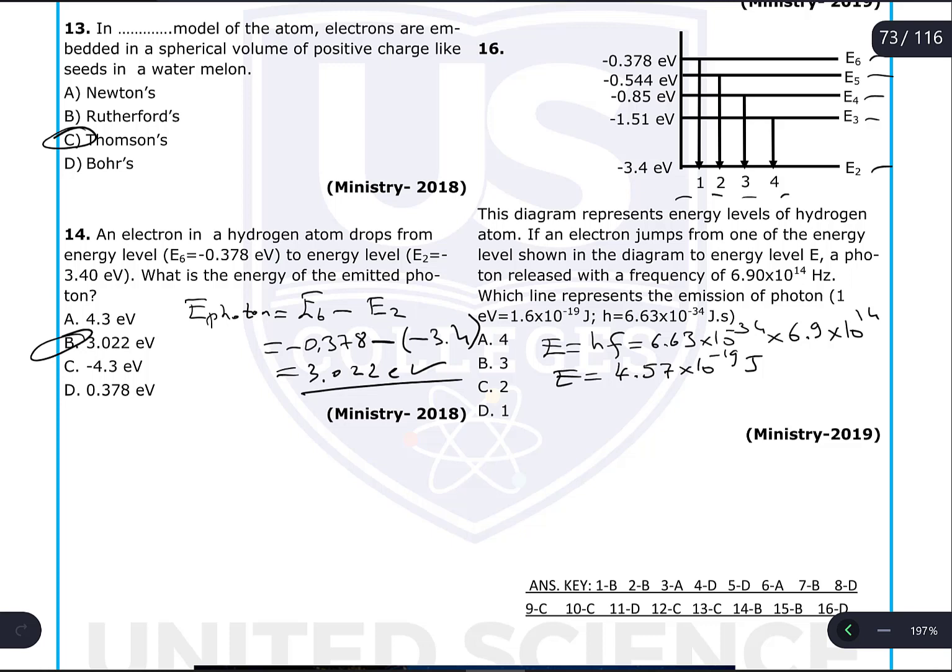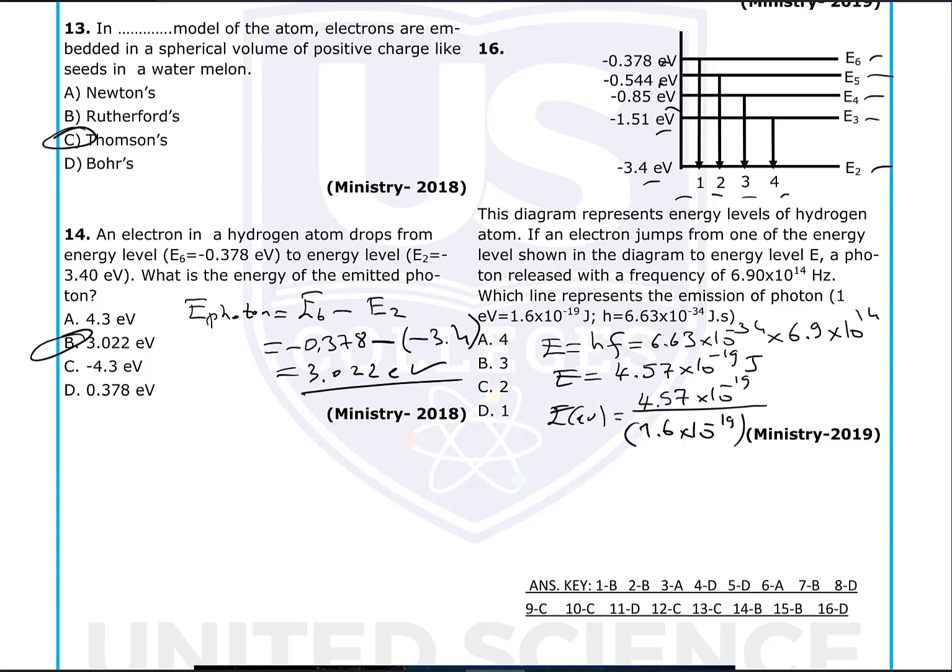But we should calculate the energy in electron volts because all the given energies are in electron volts here. Energy of the photon in electron volts is joules divided by the charge, which is 4.57 times 10 to the power of negative 19 divided by 1.6 times 10 to the power of negative 19, in brackets.